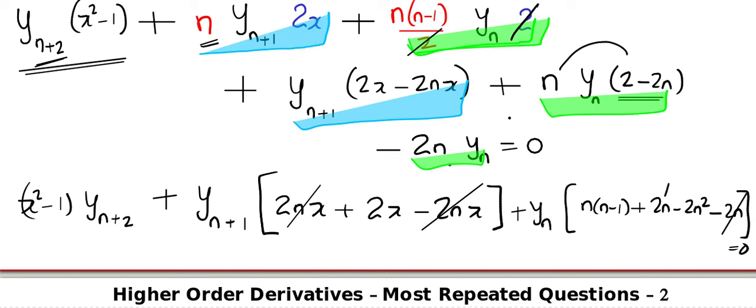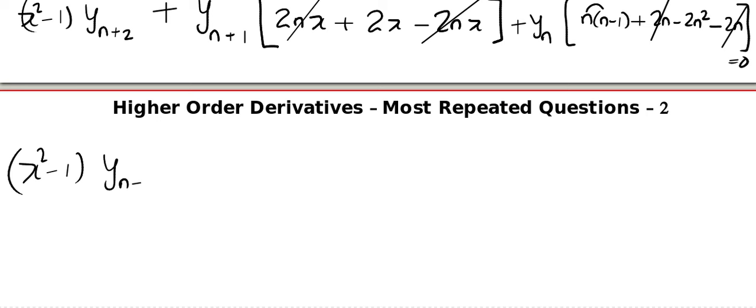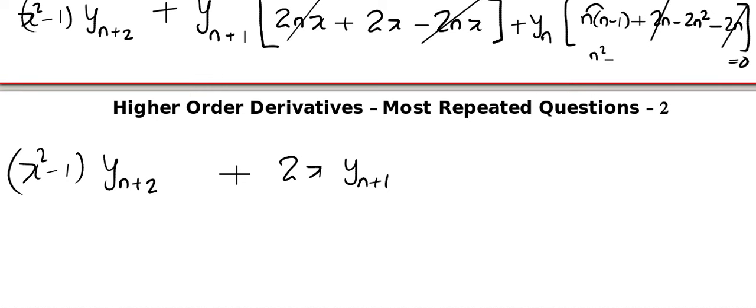So these two will get cancelled, and one more step and we are done. So x square minus 1 yn plus 2 and plus 2x yn plus 1, and look at this, n square minus n minus 2n square, it's going to give you minus n square.